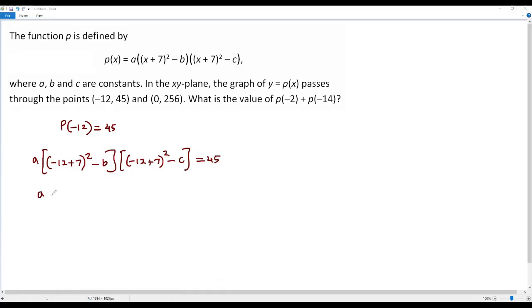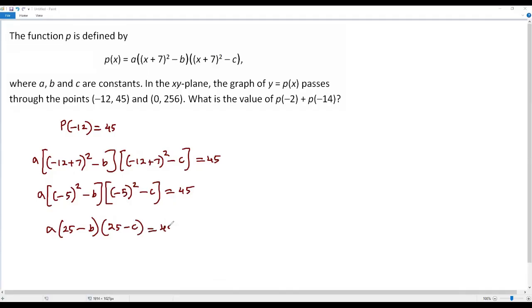Okay, now let's do some simplification. -12 + 7 is -5. That is, (-5) squared minus b times the same thing here. We get (-5) squared minus c equals 45. Okay, a times the evaluation of (-5) squared is 25. That is 25 minus b times the same thing. We get 25 minus c equals 45.